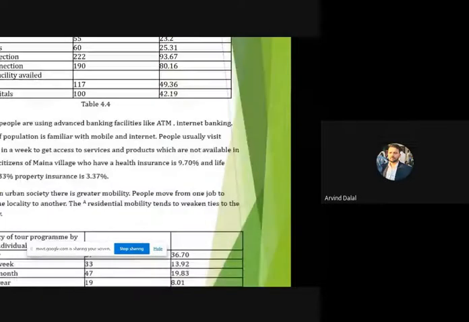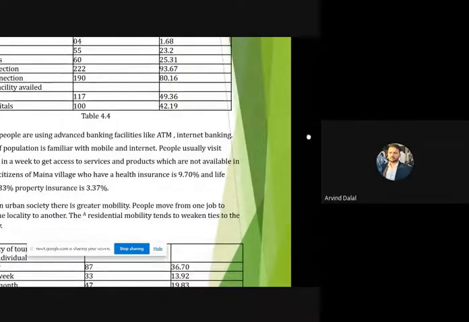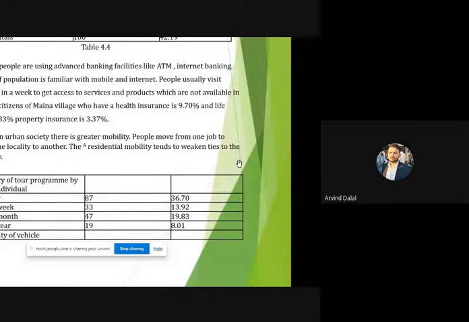Now we will talk about mobility. In urban areas, most people travel daily for work, and for other facilities also we have to go outside. Most of the persons in the city work in another city or live in another city.